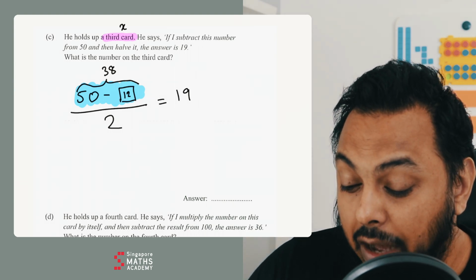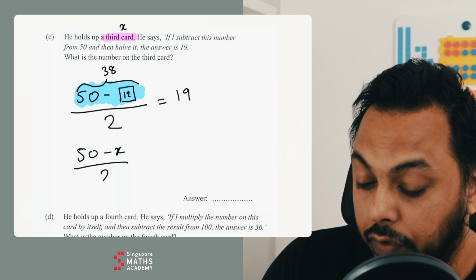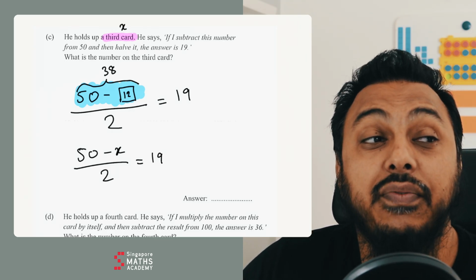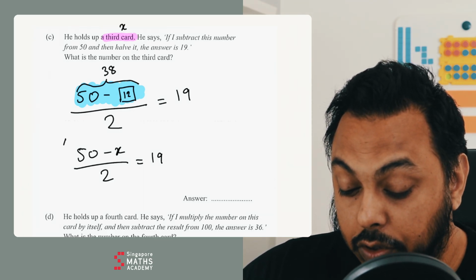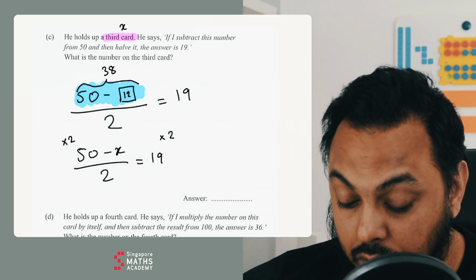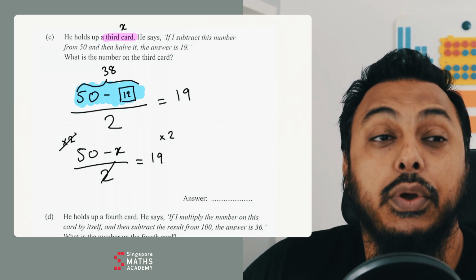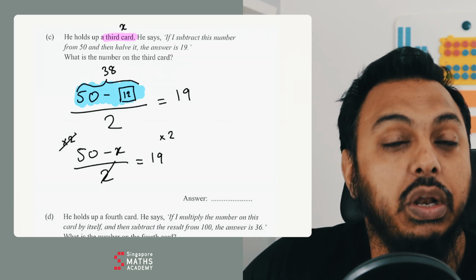But using algebra, we can just write (50 take away x) over 2 equals 19. And now because I divided everything on the left hand side by 2, I'm going to multiply everything on the left hand side by 2 to remove this dividing by 2. Because anything we double after halving is going to be back to whatever we had, right?